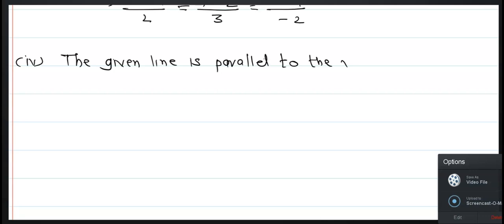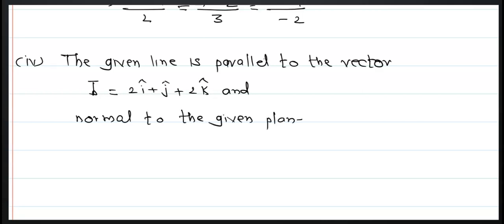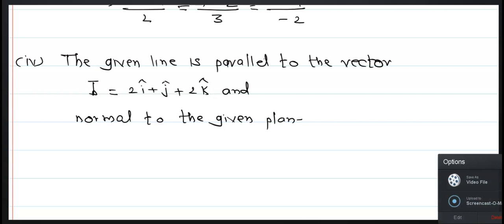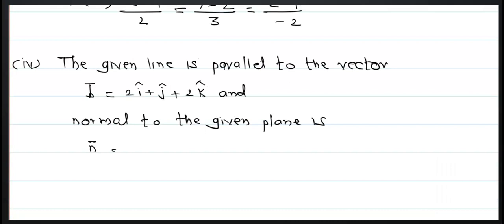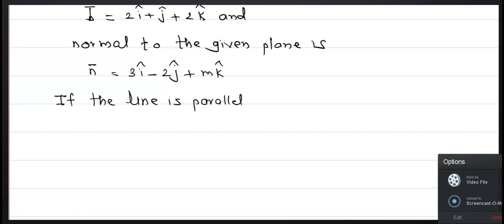Now see this here. The given line is parallel to the vector b bar is equal to 2i plus j plus 2k, and the normal to the given plane is n bar is equal to 3i minus 2j plus mk.